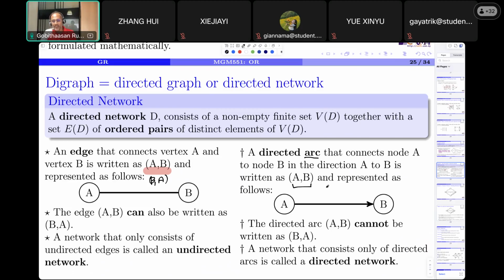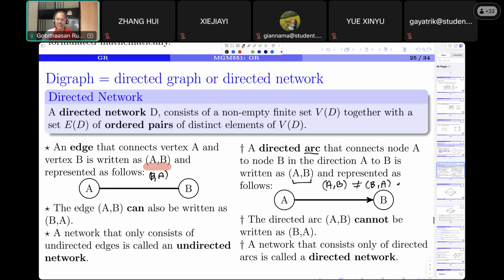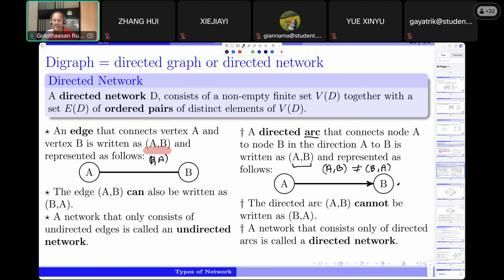Just like a coordinate system, the order AB is not the same as BA, right? So using a two-tuple, now this is the direction. Starting from A, it goes to B. So the network consists of directed arcs, and is called a directed network. So pretty much straightforward.